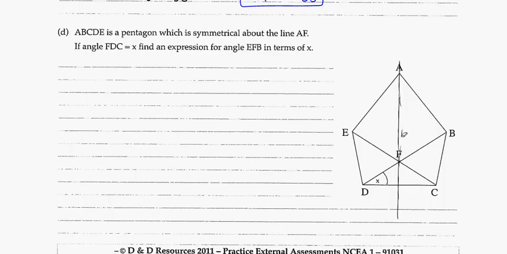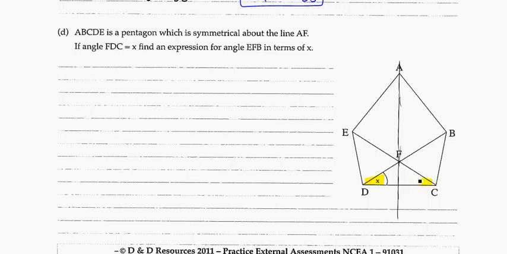Symmetrical about AF, that means that these are mirror images, so both sides are equal to each other. So that basically means the angles that we see over here will be equal to the angles we see over on the other side. So using that, we're going to look at the x, the angle they've given us. X here is going to be equal on this side due to symmetry. So that seems like a good point to start at.